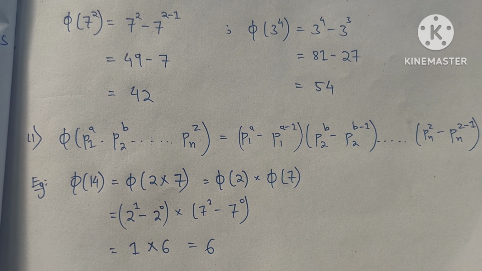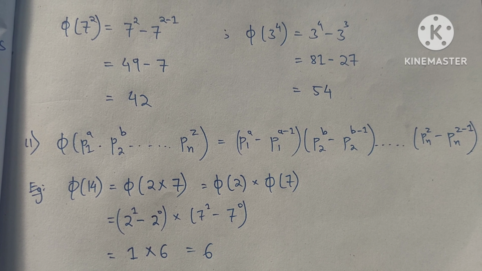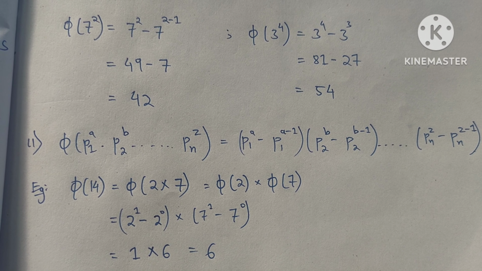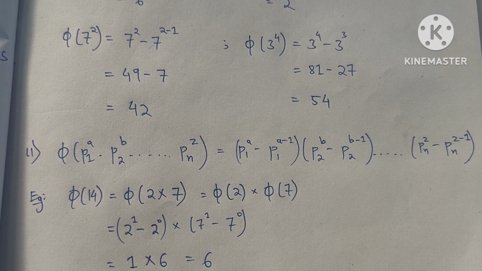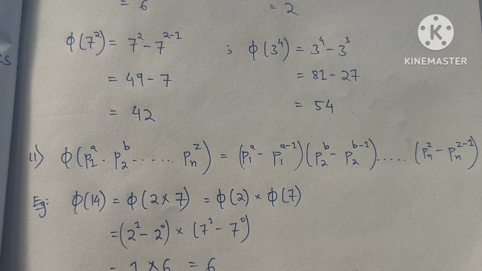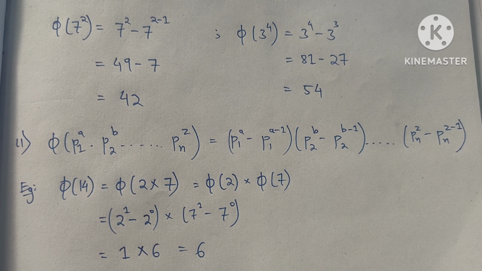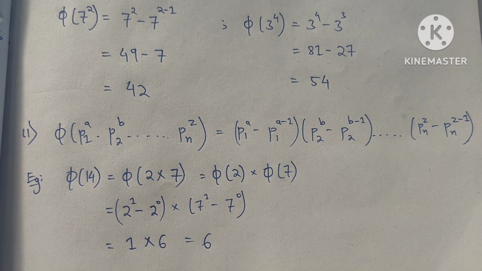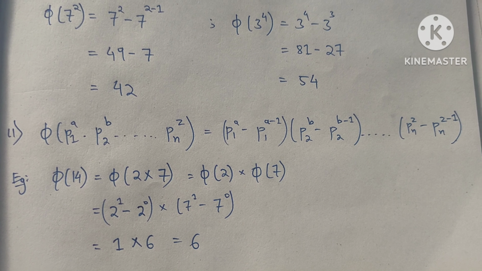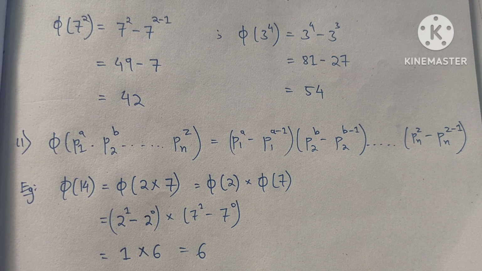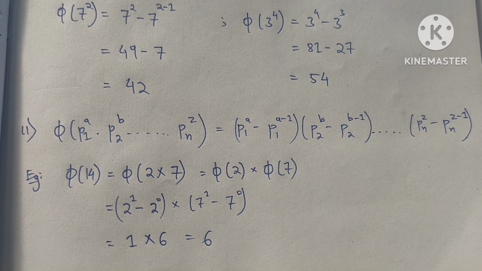Because the formula is p1 to the power a minus p1 to the power a minus 1 into p2 to the power b minus p2 to the power b minus 1 into and so on, for any number of prime numbers, n prime numbers, as in the given question. We can deduce it in the formula, right?